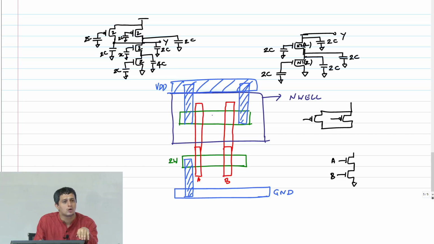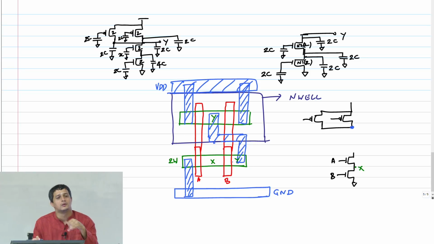This intermediate node that is there is going to become my output node Y. This diffusion is actually this particular diffusion here, right? This thing is actually my output Y and this is my output Y, right? If this is node X, then this is my node X, right? So then I have to do something else. I have to basically now draw metals and short my output like this.